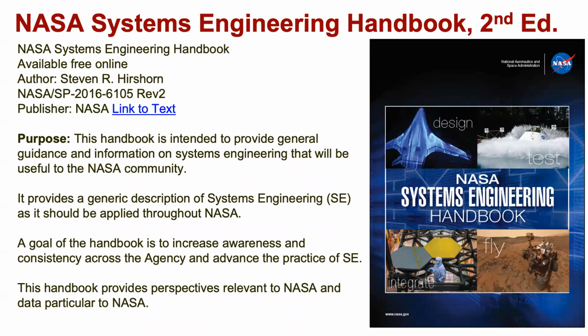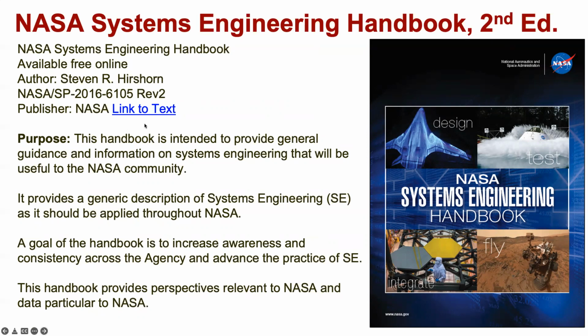There are a couple of other general references that I want to be pointing out. This and the next textbook are trying to just give a better view of what system engineering is in general, not necessarily model-based system engineering, but the whole system engineering process. And so NASA has developed a system engineering handbook. This is the 2nd edition. It's available free for download, and there will be a link in the course.